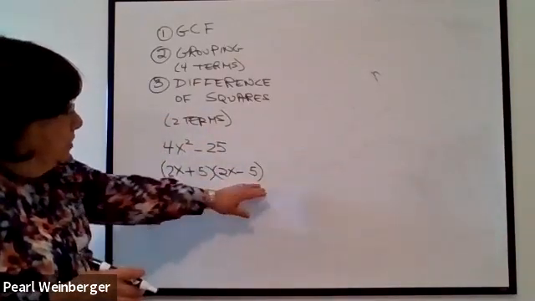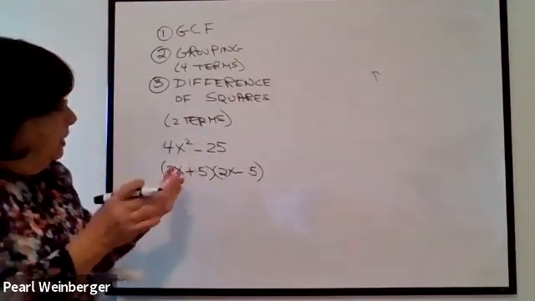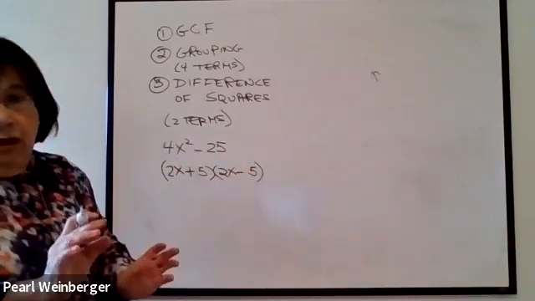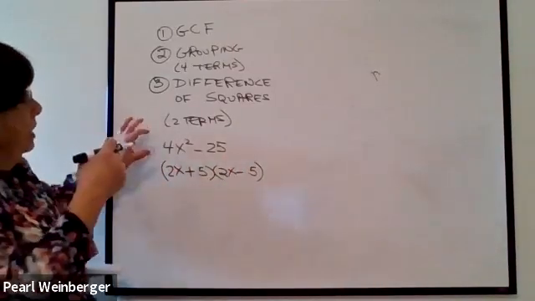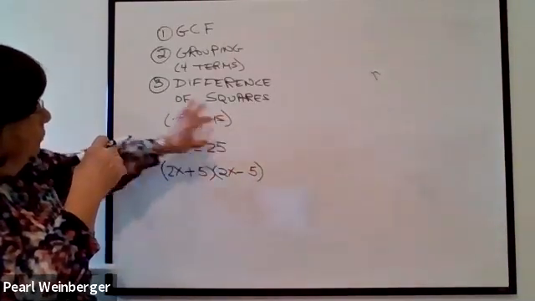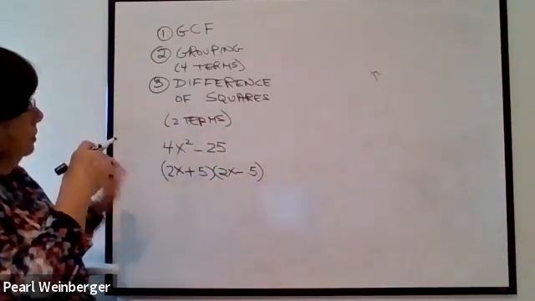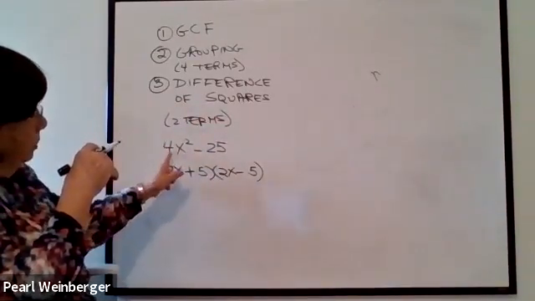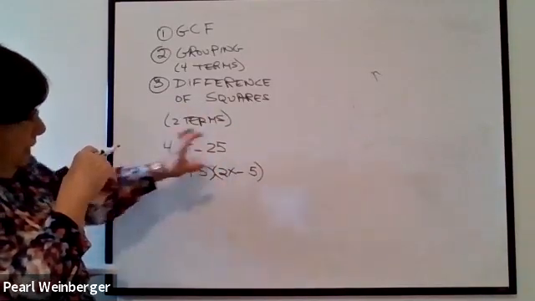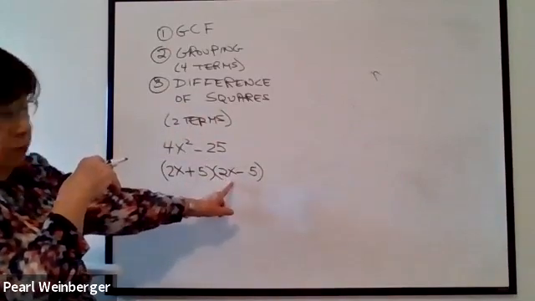When you're multiplying conjugate binomials, you don't have to do the whole FOIL because the inner and the outer cancel each other out. So when you see that your final answer is the difference of perfect squares, then it's very easy to factor by just taking the square root of the first term and the square root of the second term, you put them in each parentheses, but in one you put a plus and in one you put a minus.